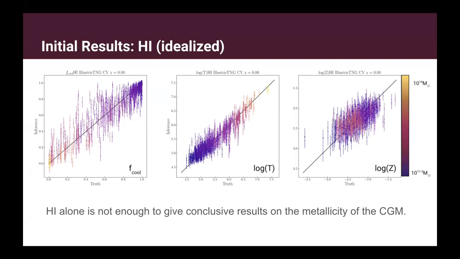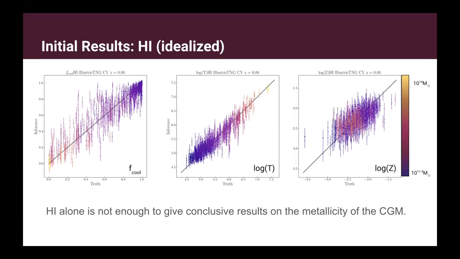Fcool and log of the temperature have sort of trends. Fcool is not really constrained; the points themselves, which by the way represent 1 halo per point, are quite spread from the y equals x black line, and the log of the temperature does pretty well. However, for the metallicity, it's really not clear at all what's going on.